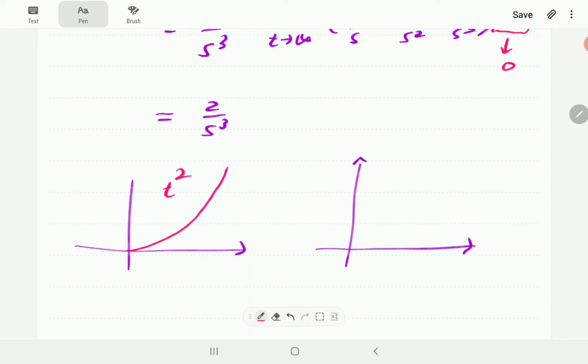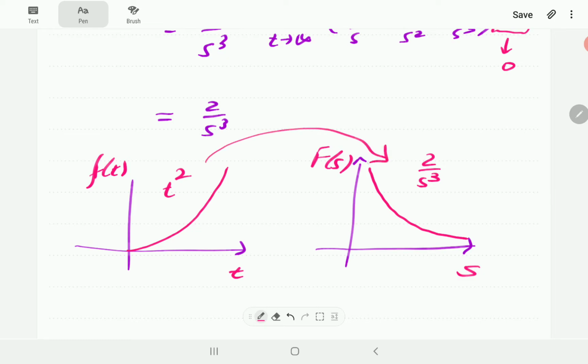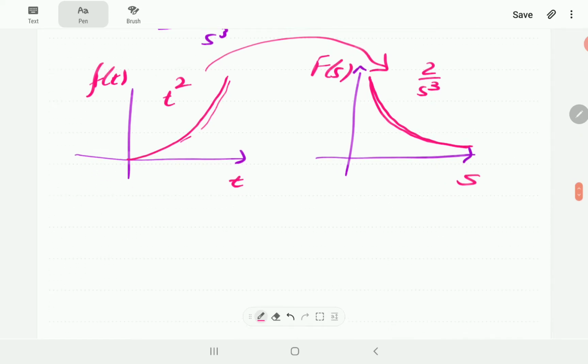So the calculation shows us that this gives us the transformation 2 over s cubed. So this is the t space, this is the s space. So that's f of t this side and f of s this side. So we're getting from here to there through the Laplace transform. So this function, which is an increasing function, gives us that function which is a decreasing function. So that is part A.